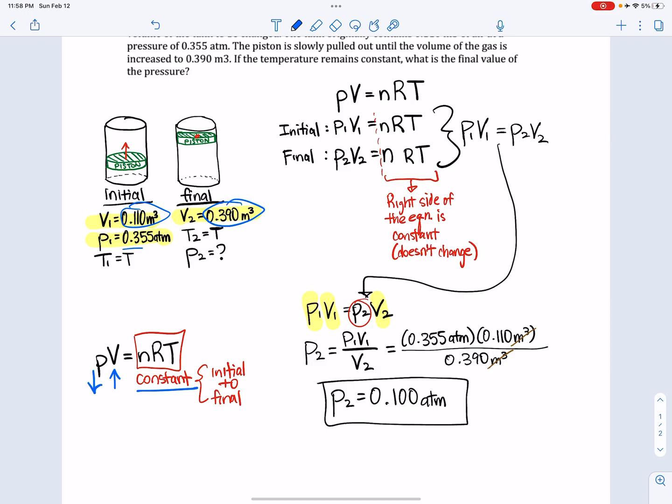And that makes sense. It was initially 0.355 atm and it decreased to 0.100 atm. All right, hope that helps.